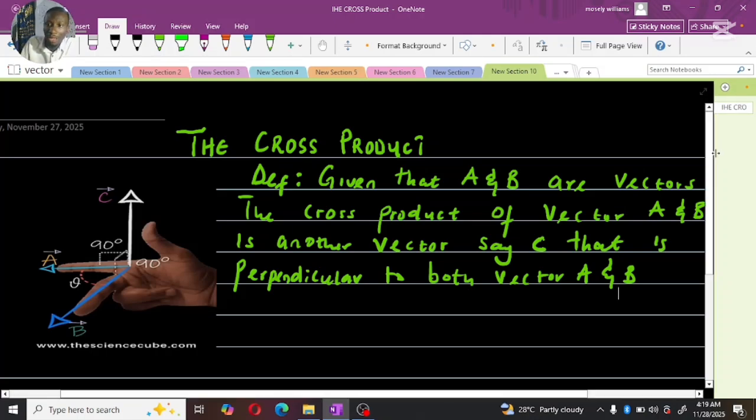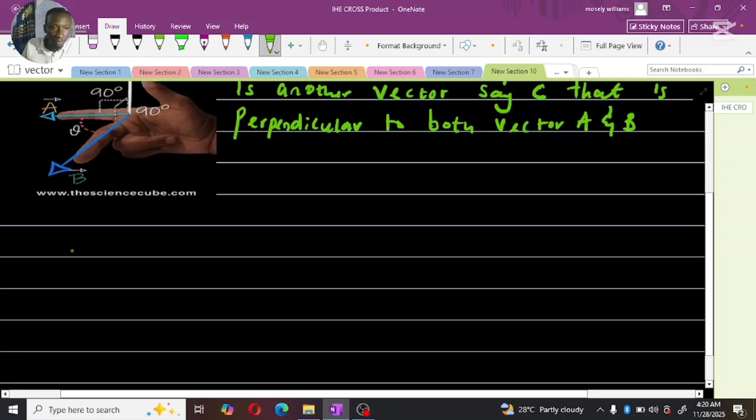Now, let's say we have a vector A that has these components: A1 i plus A2 j plus A3 k.